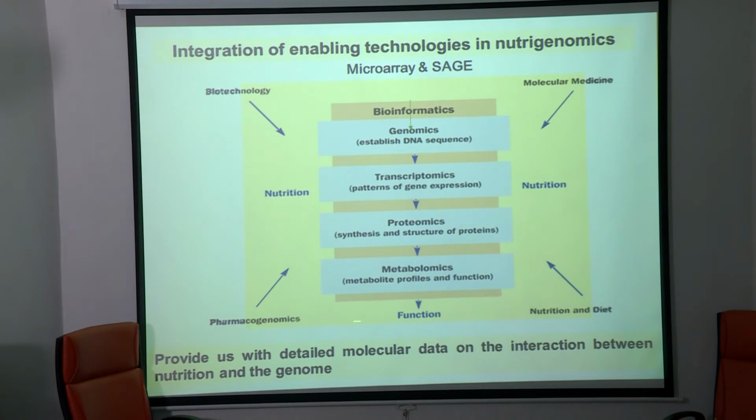And in the background of bioinformatics, a large amount of data can be processed: the genomics data, transcriptomics data, proteomics data, metabolomics. The name itself suggests that it will produce a plethora of information, yielded with the help of bioinformatic tools. We can get detailed molecular data on the interaction between nutrition and the genome. So it cannot serve in an individual way.